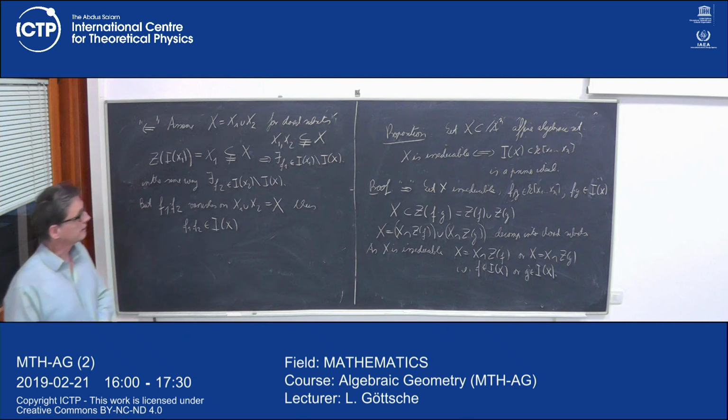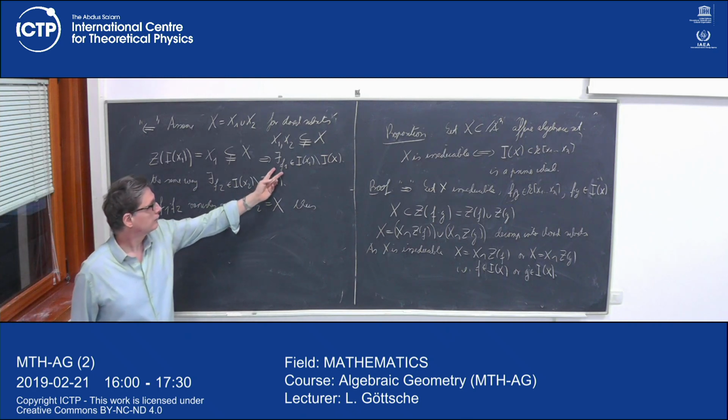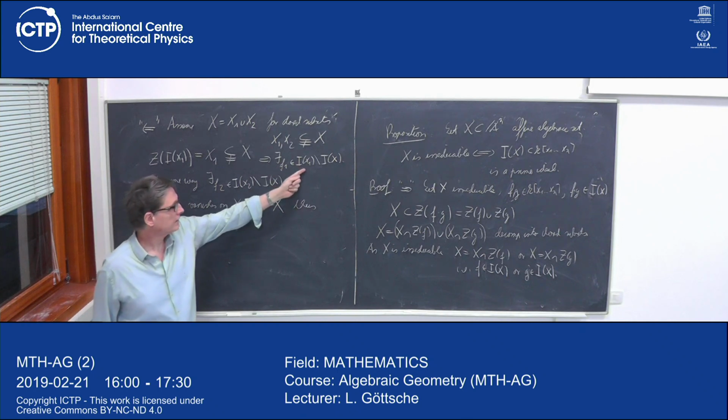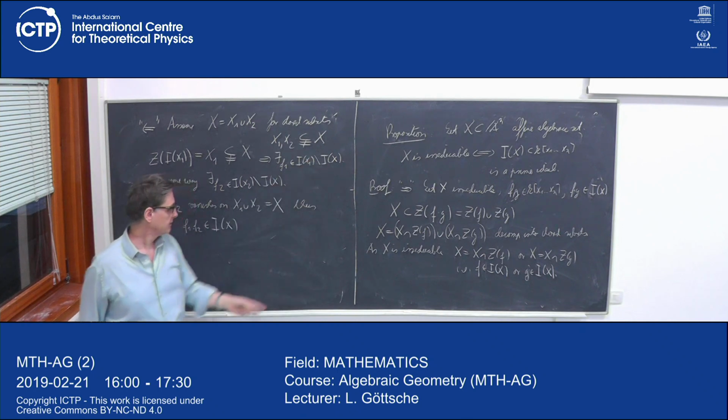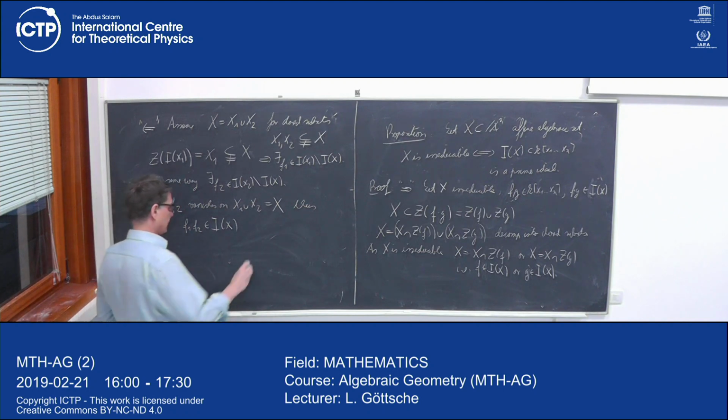So the product is in the ideal of X. So we have found two elements, none of which lies in the ideal of X, such that their product lies in the ideal of X. That means that I(X) is not prime.